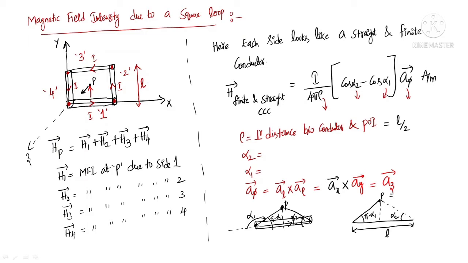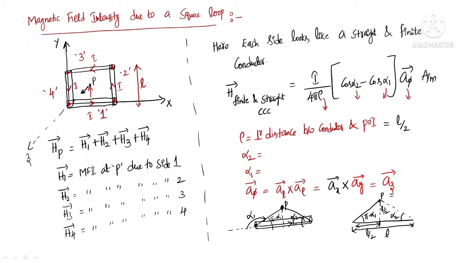Cos pi minus alpha 1 as well as cos alpha 2 both are the same, because if you draw a perpendicular line from this point P to this line, it meets exactly at the center. So this length is L by 2, and what is this length?